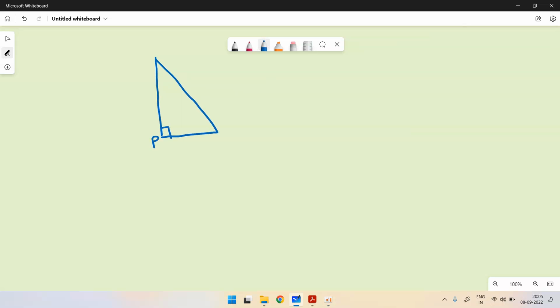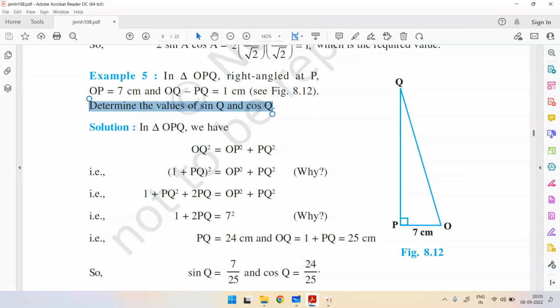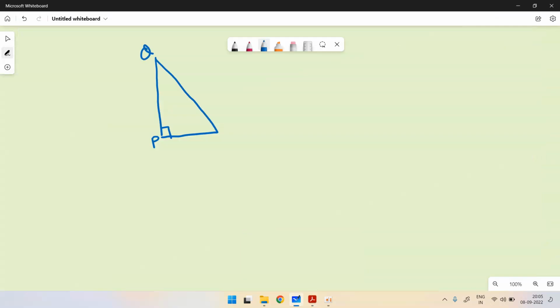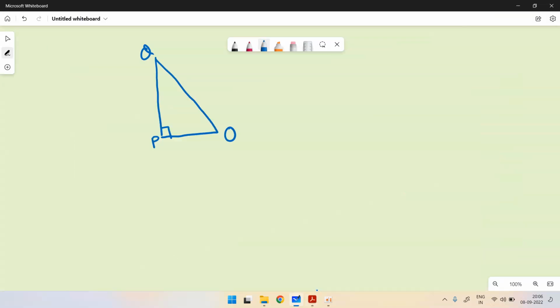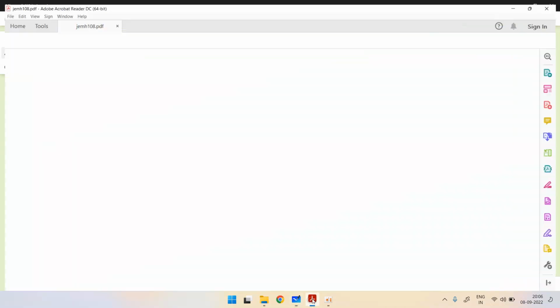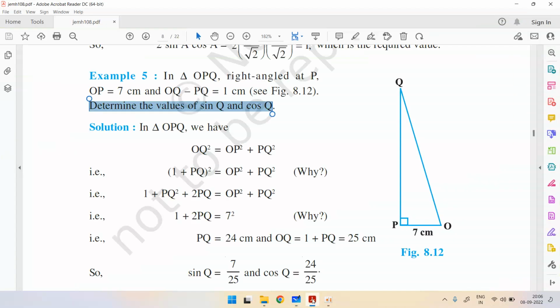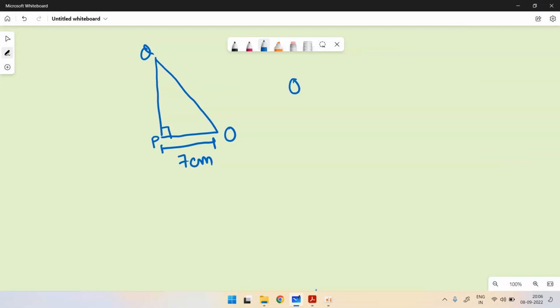In triangle OPQ, right angle at P, OP is going to be 7 centimeters, and OQ minus PQ equal to 1 centimeter.